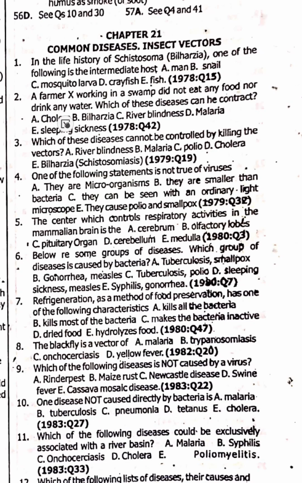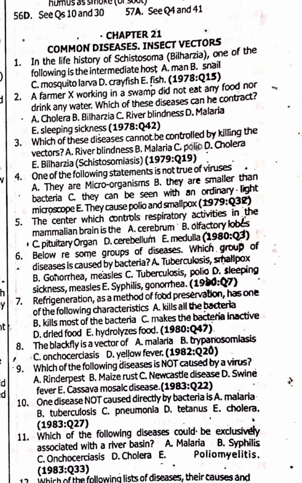You understand? Number three, which of these diseases cannot be controlled by killing the vector? Even if you kill the vector, you cannot control it. Polio, poliomyelitis. I'll spell it for you.